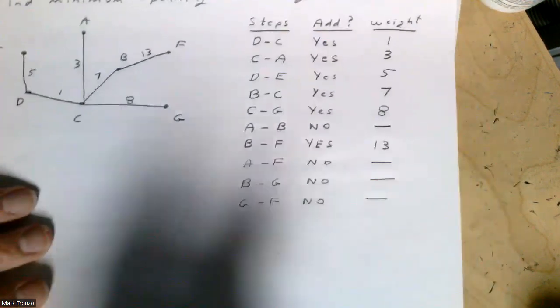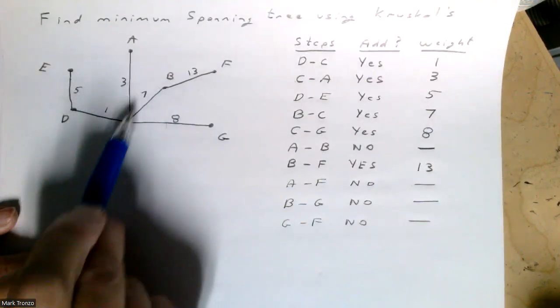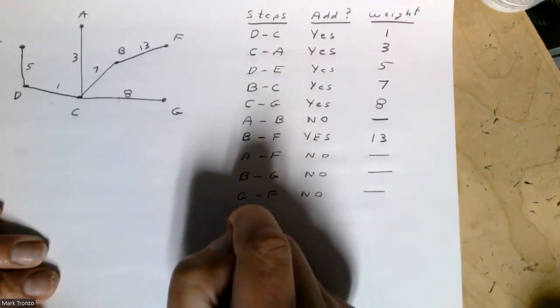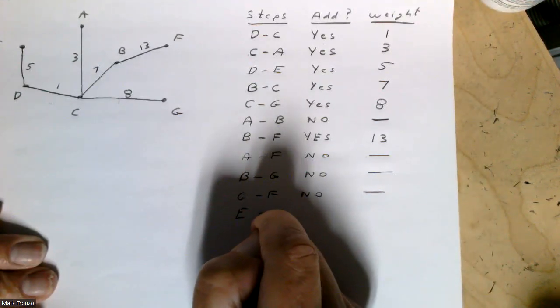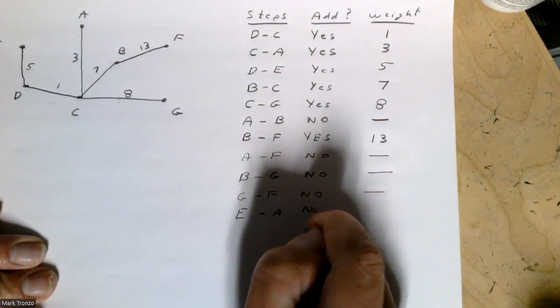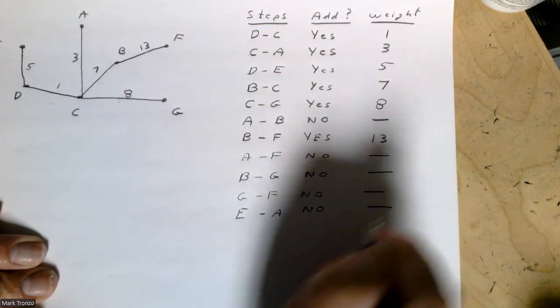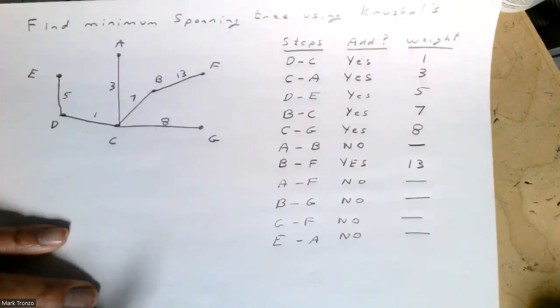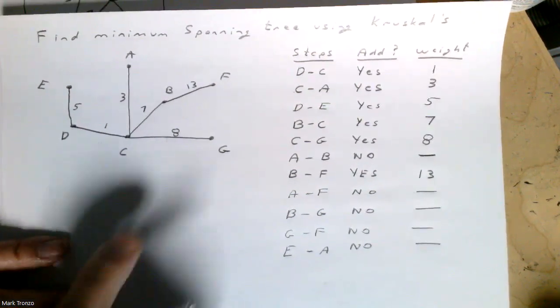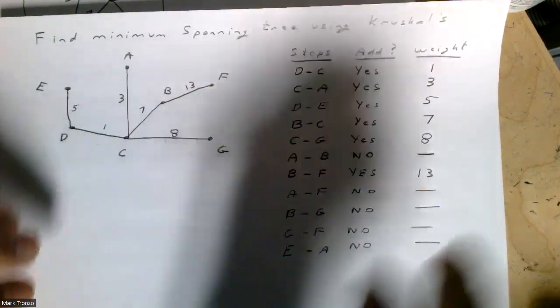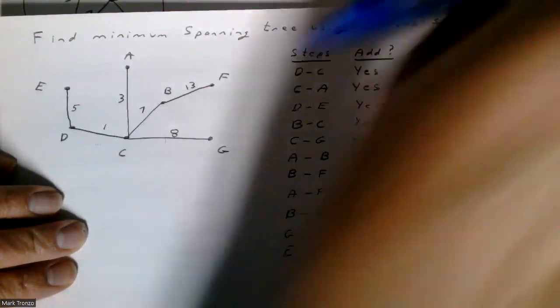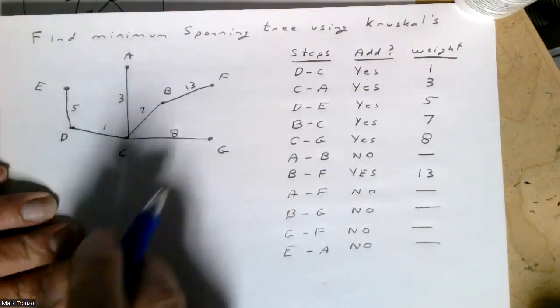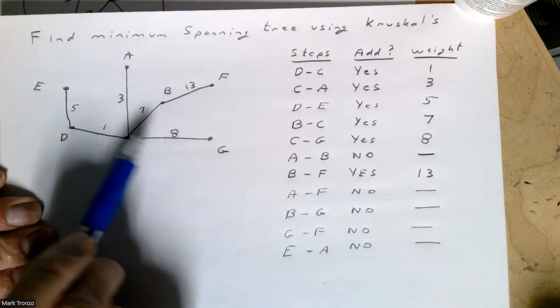But notice if you put EA in here, it'll cause a circuit. So this is our minimum spanning tree right here.